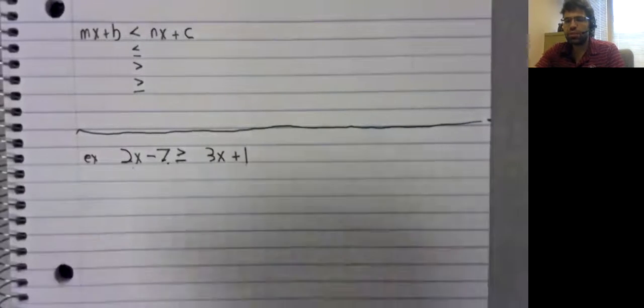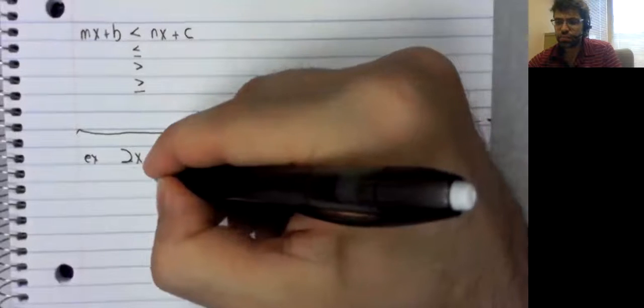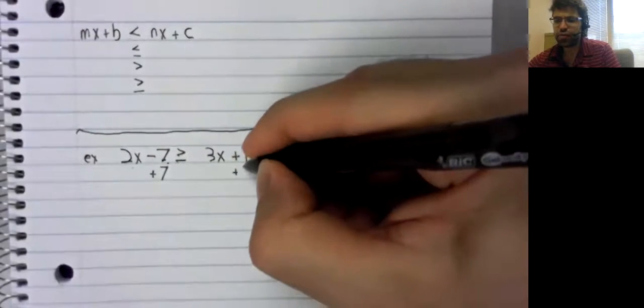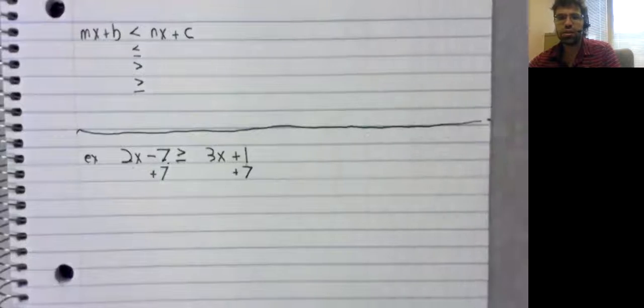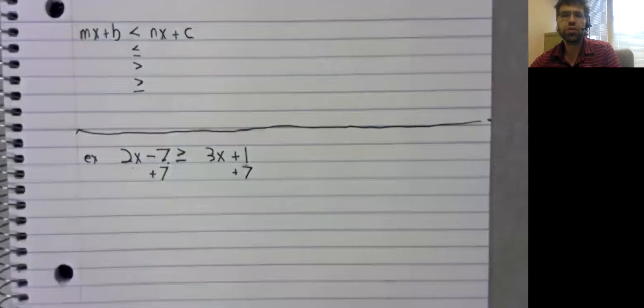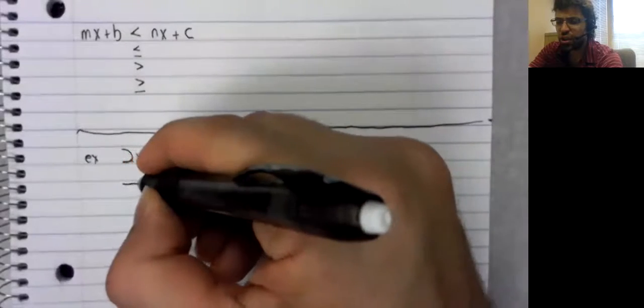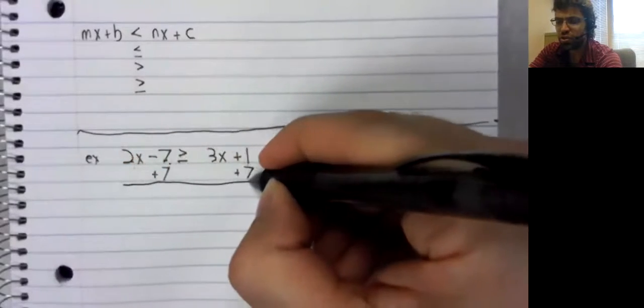So maybe we decide that we're going to add 7 to both sides of this inequality. We can certainly do that.